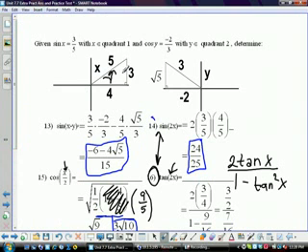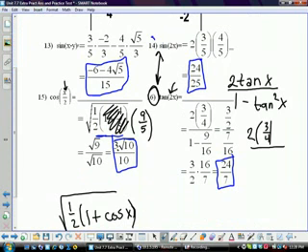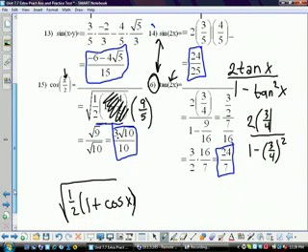And I find the tangent, which is opposite 3 over adjacent 4. That tells me that that's 2 times 3 over 4 divided by 1 minus 3 over 4 squared. Matt, you watching?